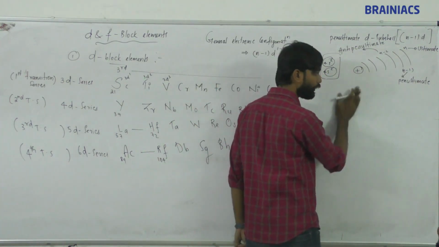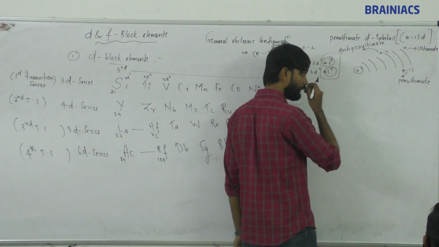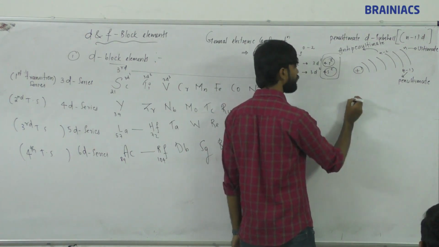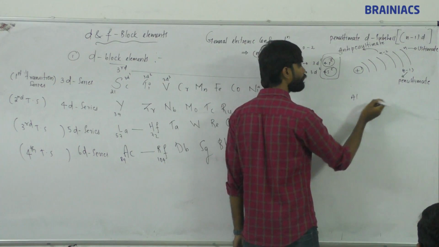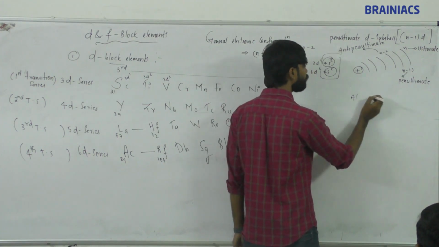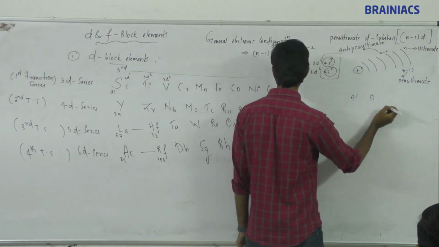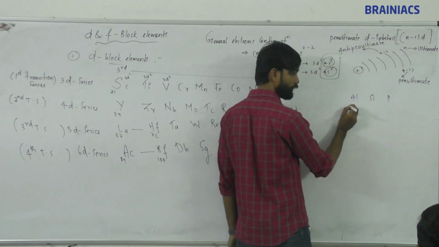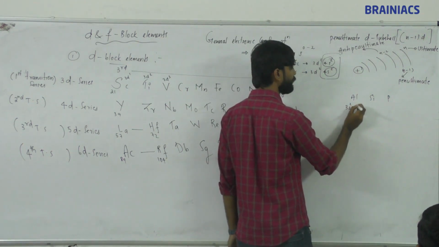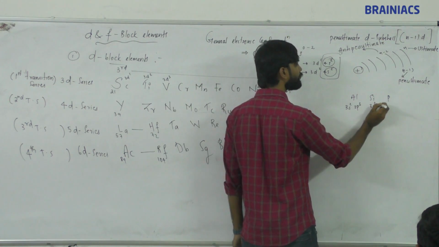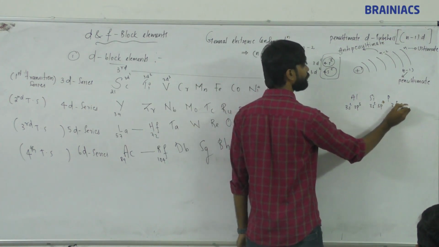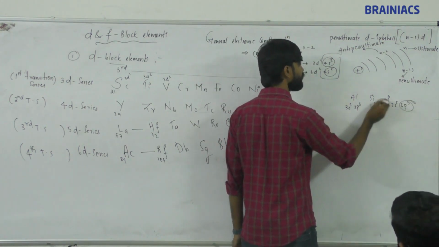Whereas in the p block, take aluminum followed by silicon followed by phosphorus, with configurations 3s2 3p1, 3s2 3p2, 3s2 3p3, the outer shell electrons are entirely different.